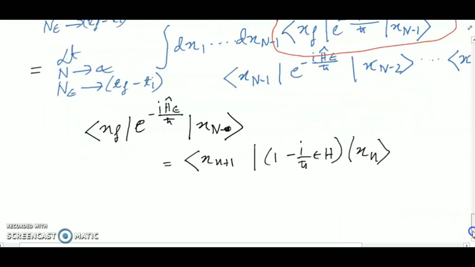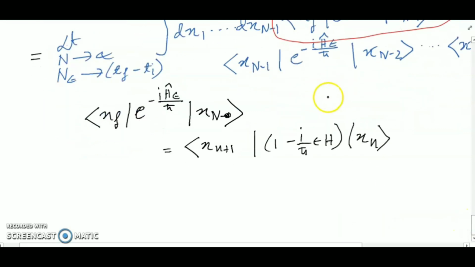Okay, because we know e to the power minus i H epsilon divided by h bar can be written 1 minus i H epsilon divided by h bar plus higher order term.